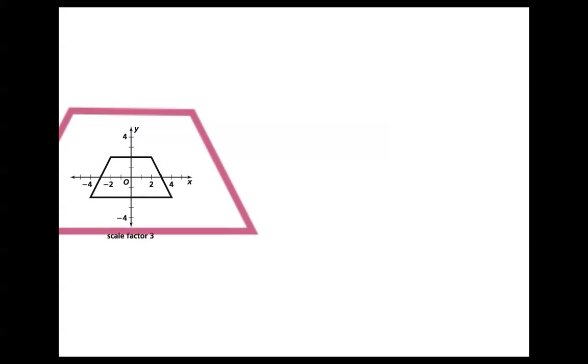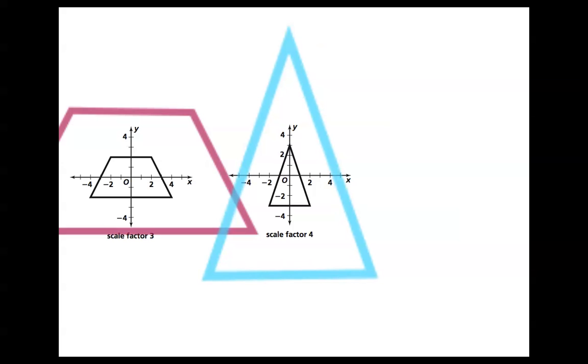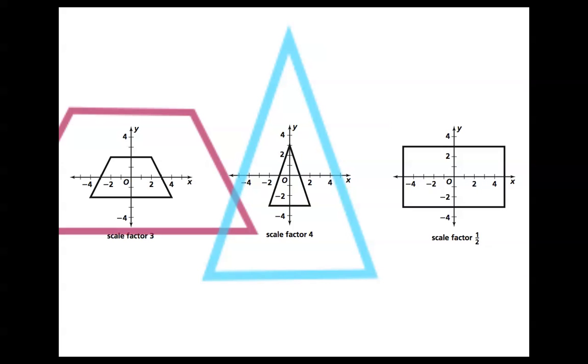Now, all of the examples so far that we did had a scale factor of 2, but you can have a different scale factor. You can triple the size of something, okay? You can even quadruple the size of something. Or you can make something half the size. If your scale factor is 1/2, what you start with is going to give you something smaller.